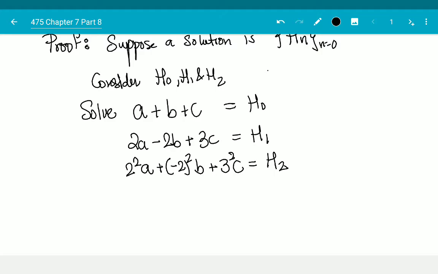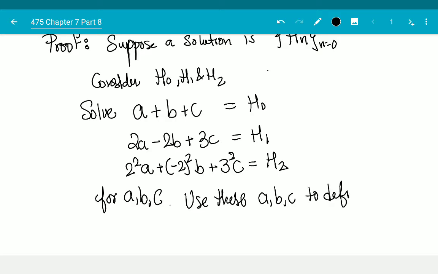Solve this for a, b, and c, and use these a, b, c to define h of n is equal to a times 2 to the n plus b times negative 2 to the n plus c times 3 to the n.